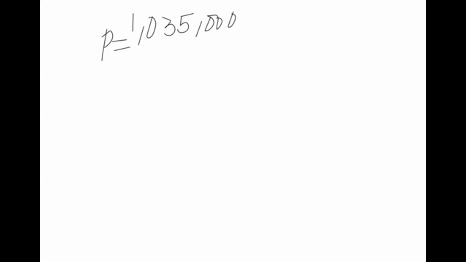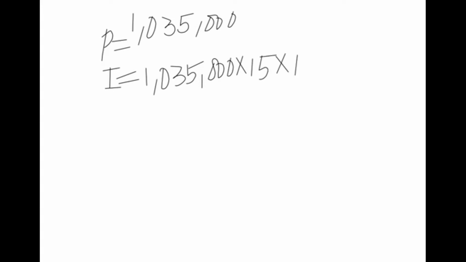So our interest will be 1,035,000 multiplied by the rate 15 times 1 year divided by 100. Two zeros cancels. We remain with 1035 times 15.